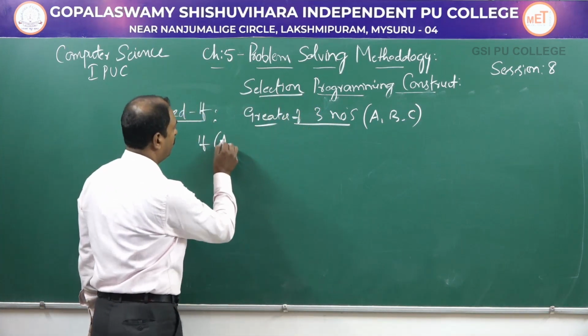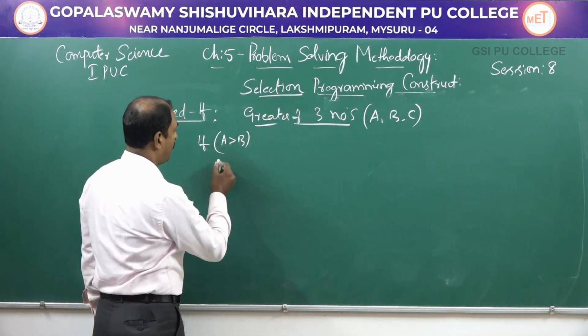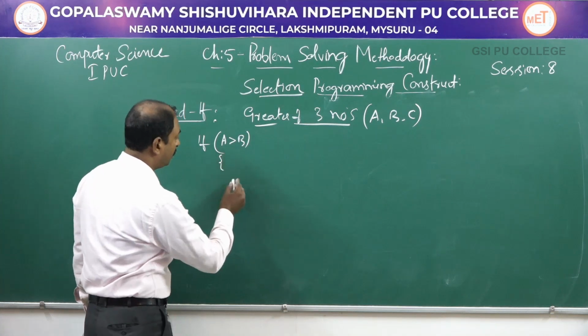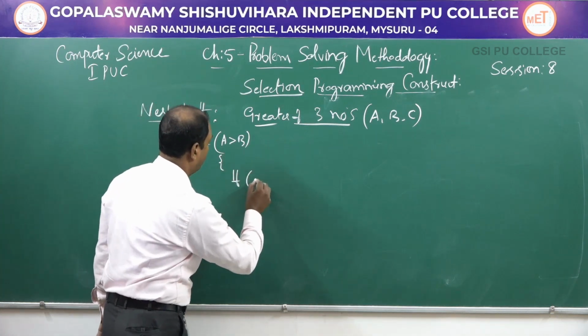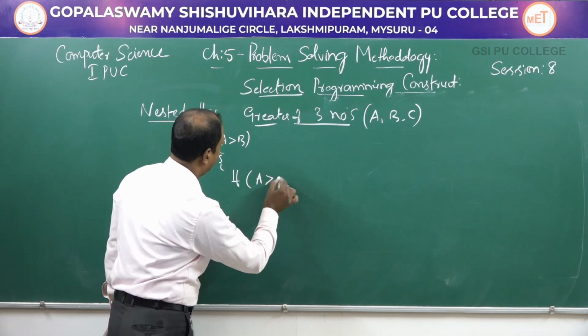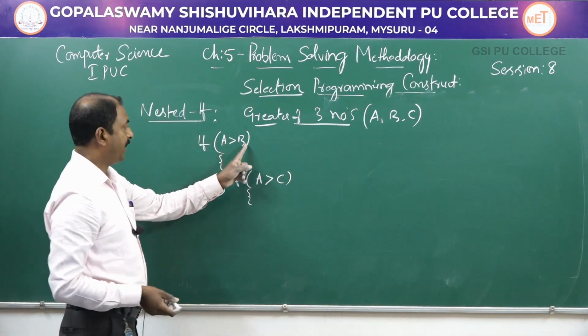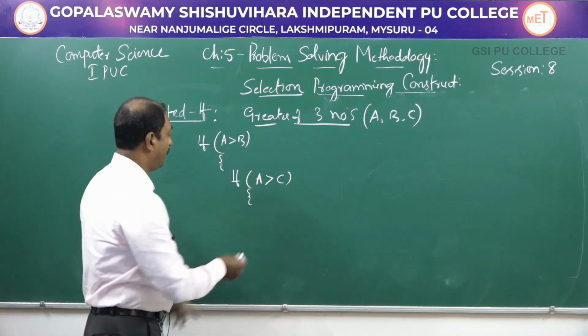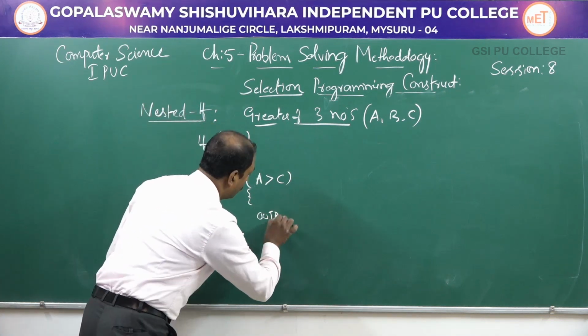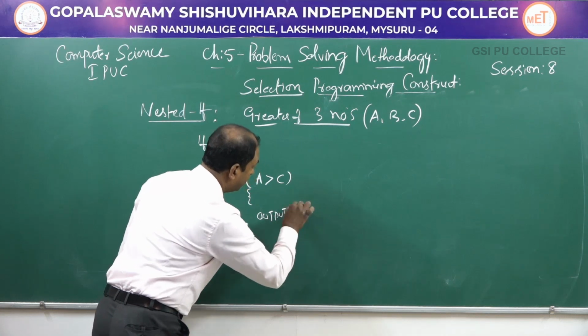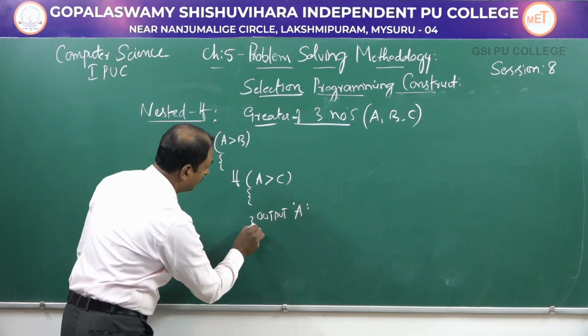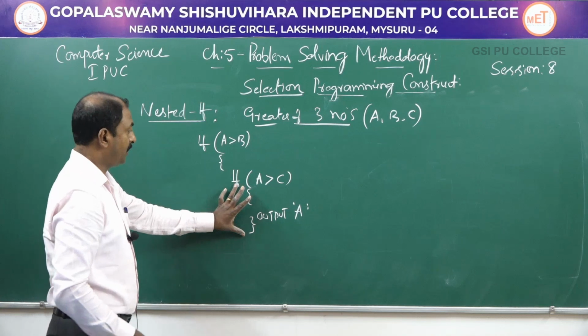Now if A is greater than B, and here if A is greater than C. Now I am comparing A is greater than B and A is greater than C. Then we have to output A as the greater number. Then this is the if condition.